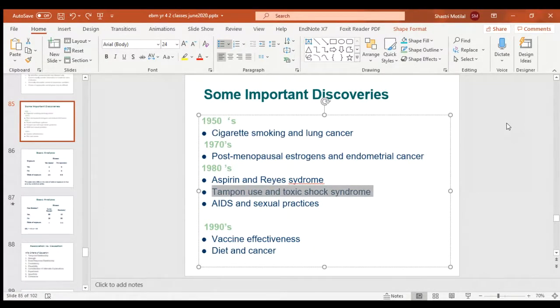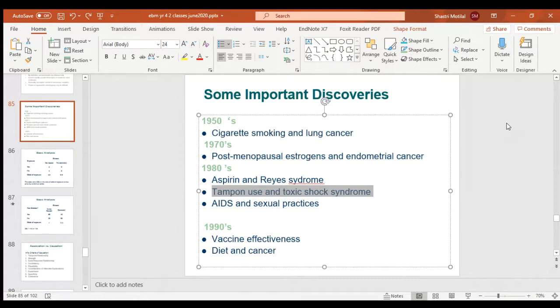So they realized this was like an outbreak of toxic shock syndrome, and part of an outbreak investigation involves doing a case control study. And when they did the case control study, they found that in the cases, the women with the syndrome, they were more likely to report using tampons from a particular manufacturer compared to the controls, the women who did not have toxic shock syndrome.